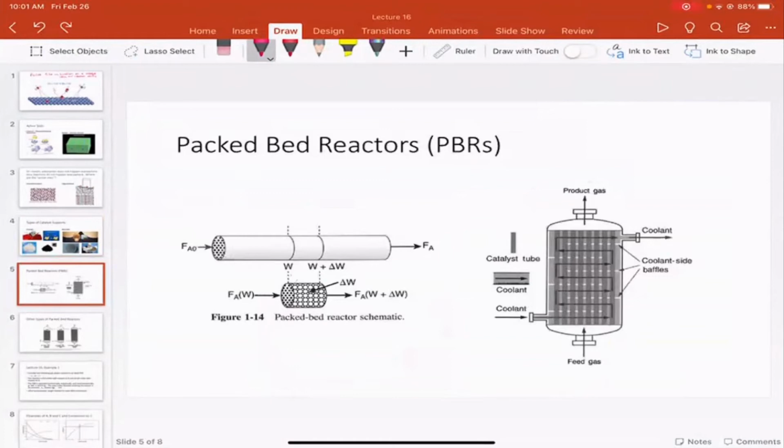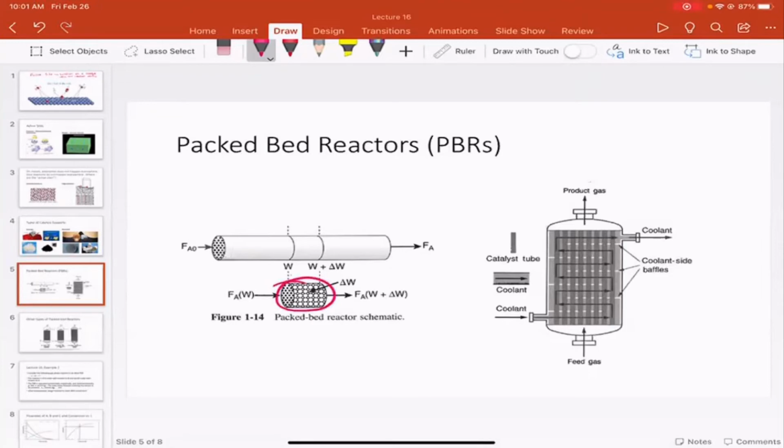And so here's a couple of pictures from your book that give a schematic for a packed bed reactor. You can see here on the left-hand side, it shows a monolith, and at least to me, this looks like a monolith that has catalyst on it, or you can pack it.